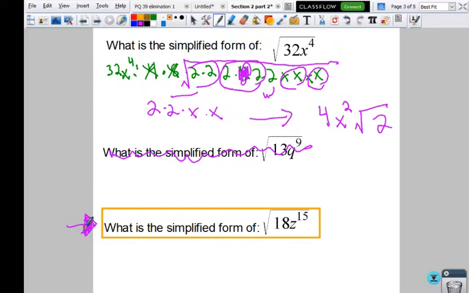I already got it. Alright, finish. Good. We'll give people a few more minutes, then we'll go over it.